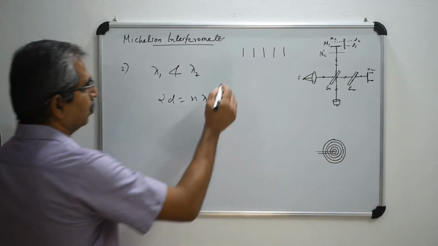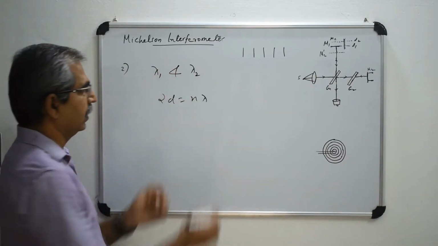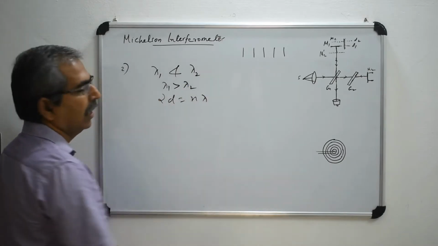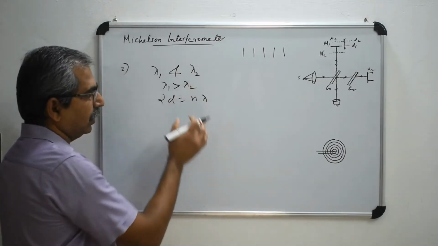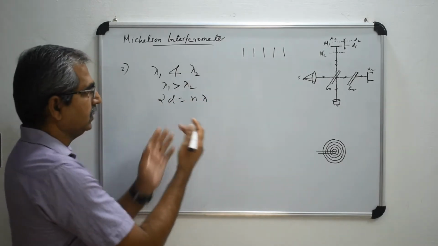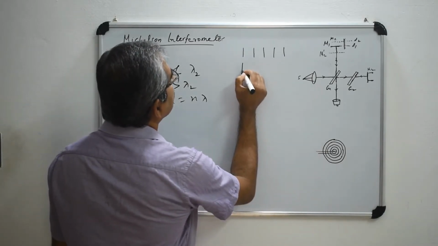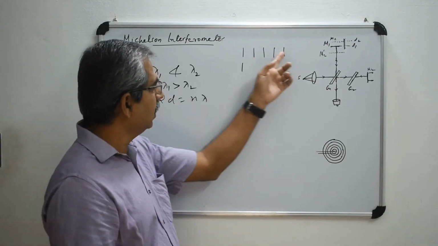And for lambda 2, suppose the wavelength is slightly smaller than lambda 1. That means the condition is lambda 1 is larger than lambda 2. So lambda is smaller, that means the fringe system will be a little more closer, isn't it? So our assumption is that initially the two ring systems, or fringe systems, will coincide. So this is the first one.